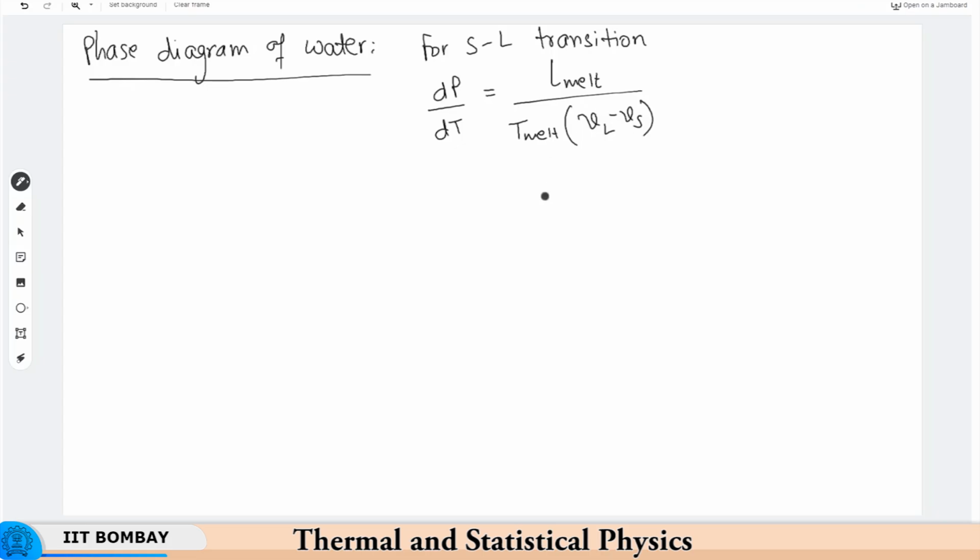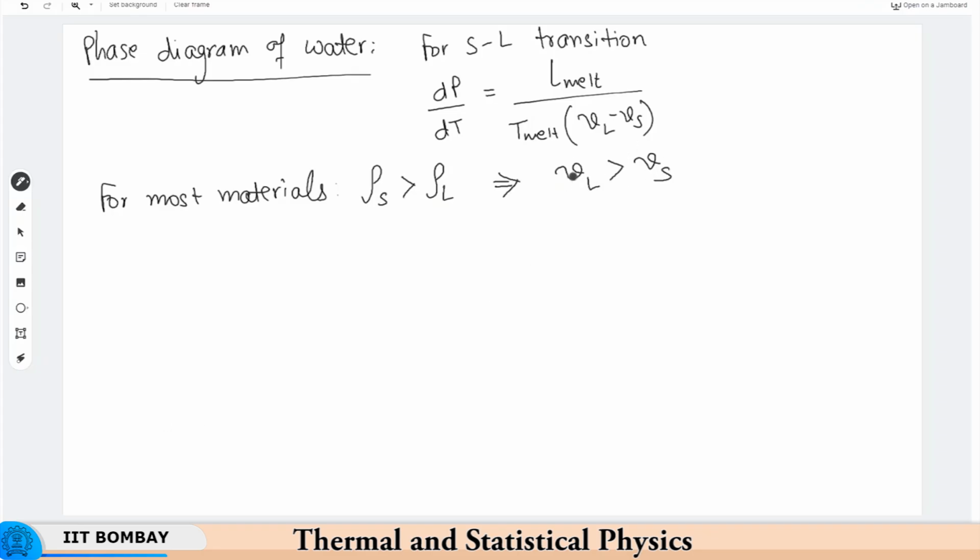For most materials, the density of liquid is smaller than the density of solid. Solids have much more densely packed atoms or molecules, so they naturally have a higher density than the liquid phase. And remember, the inverse of density is the specific volume. So this implies the specific volume in the liquid phase is greater than the specific volume in the solid phase.